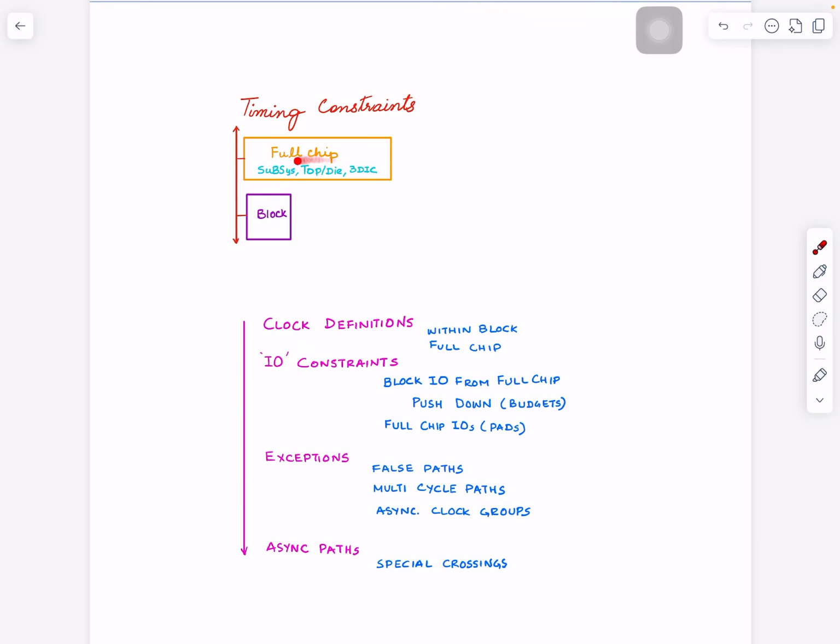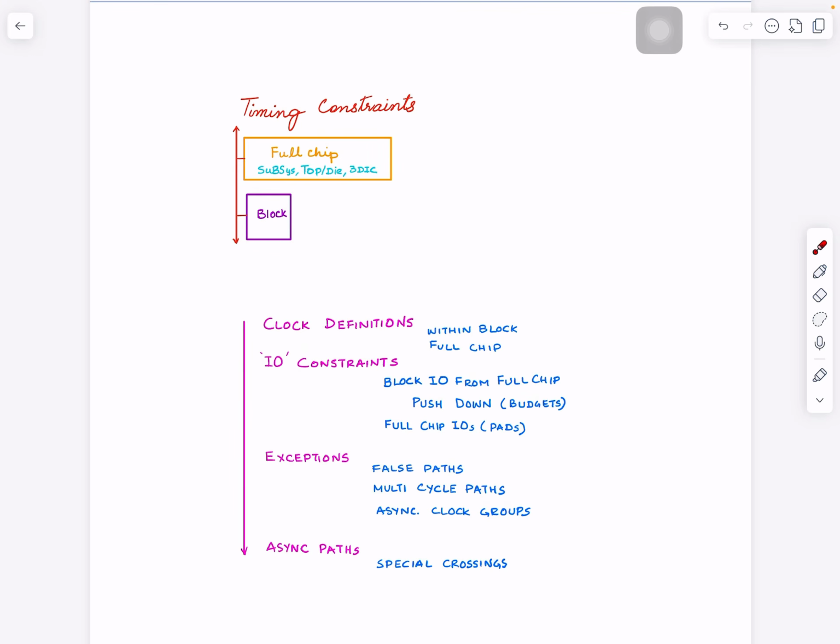So full chip flow means it's the next level of hierarchy after block. And if you understand the concept of subsystem, the concepts here might not be that much different. There are some unique concepts applied here, and we will talk about those too. But my goal is that when I cover these topics, I talk first at block and then full chip.